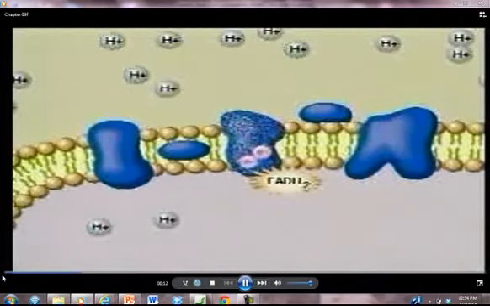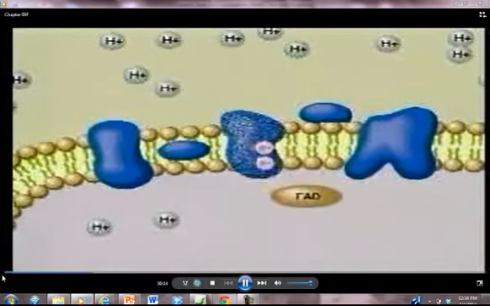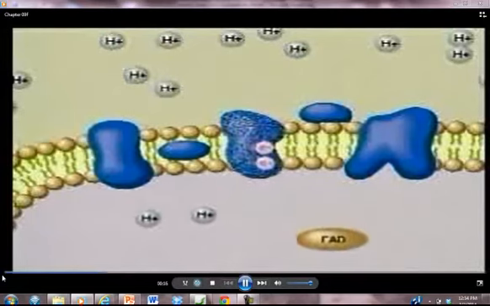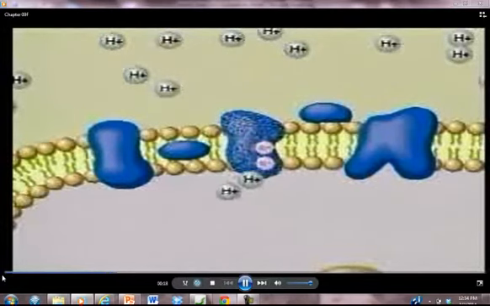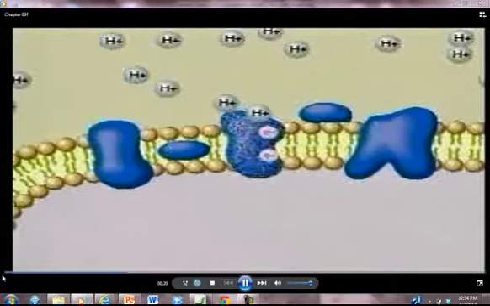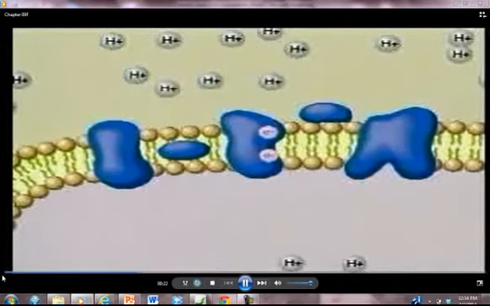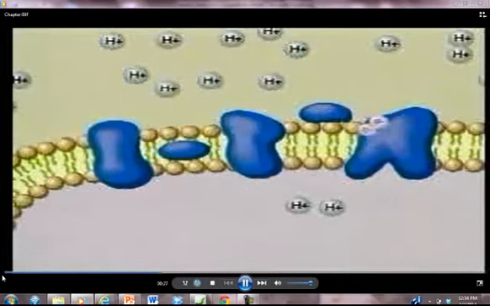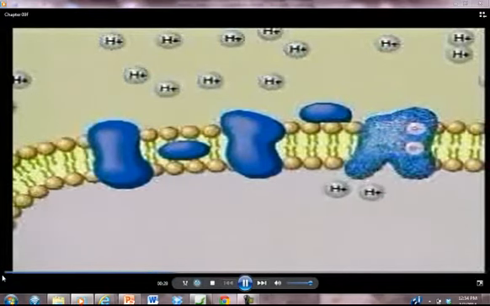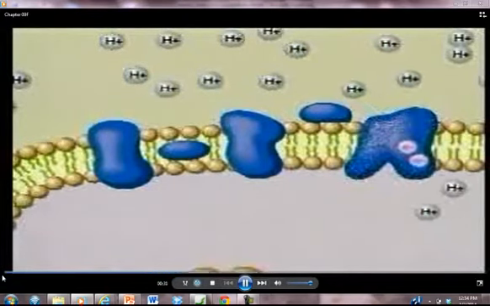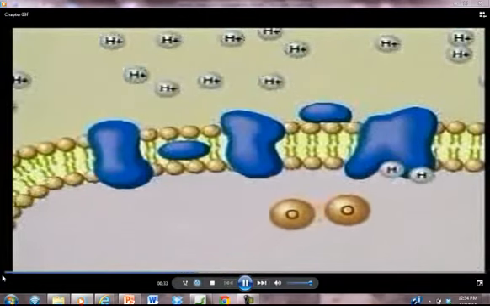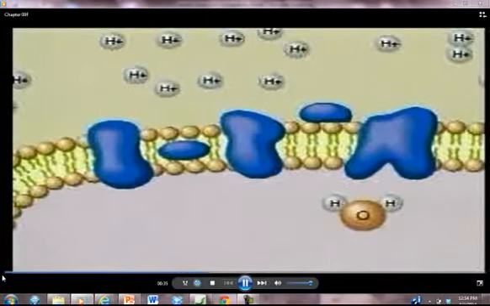The FADH2 is converted to FAD. Hydrogen ions are pumped through the protein into the outer compartment. The electrons shift down to the last protein in the chain. More hydrogen ions are pumped. Again, oxygen serves as the final electron acceptor, and a water molecule is formed.